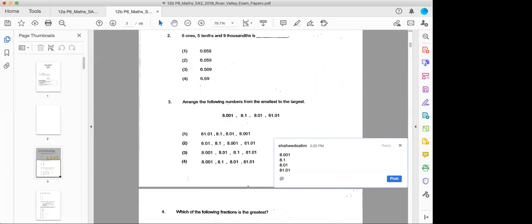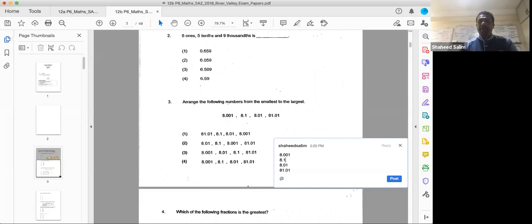Okay, we make sure that this one has got 3 decimals, 3 places after the decimal. Make sure this has the same thing. So add another 2 zeros. This one add 1 more 0, so you have 3. This one add another. So now you can see. Which one is the smallest? First, second, third, fourth.